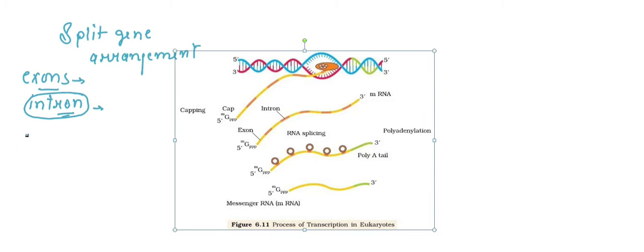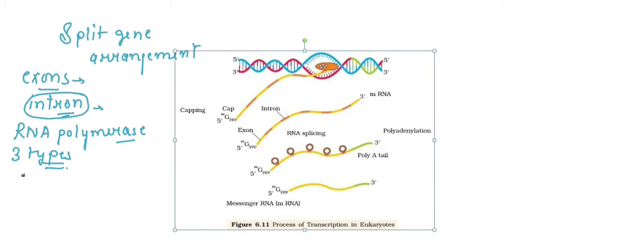Now, let us start with the enzyme that is called RNA polymerase. Unlike that of bacteria, in the eukaryotes, three types of RNA polymerase are present.